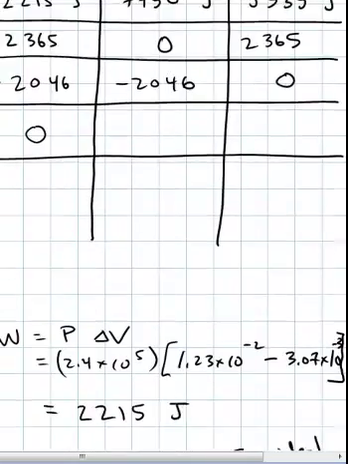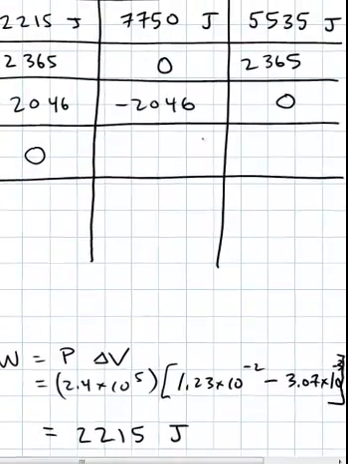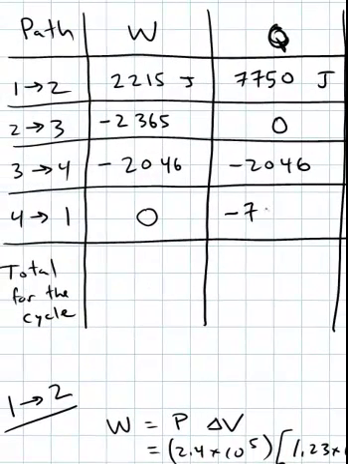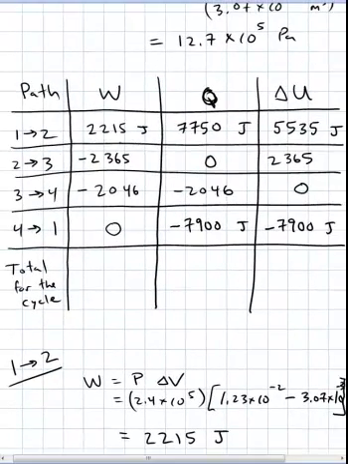Where's our table? There's our table. Delta U, negative 7,900 joules. Q, negative 7,900 joules. So let's see, 2215, negative 2365.